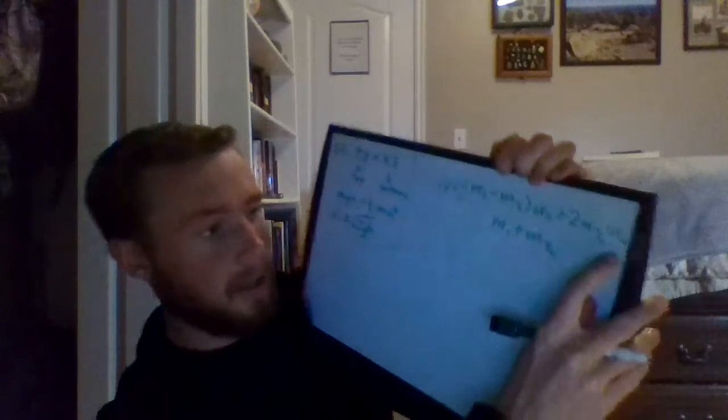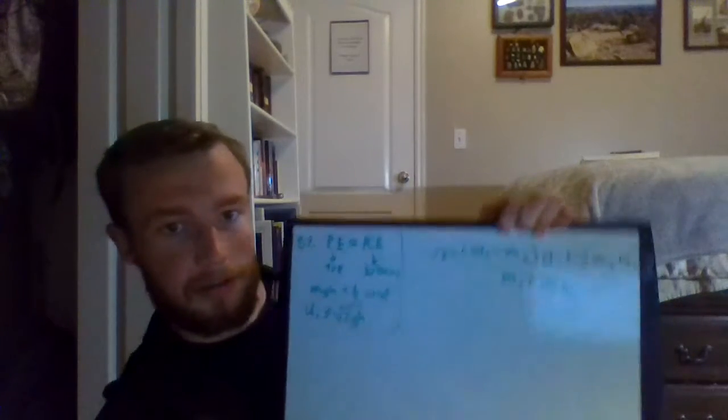So we can substitute 2 times the mass of the 1 for the mass of 2, and 0 for the velocity of the second.